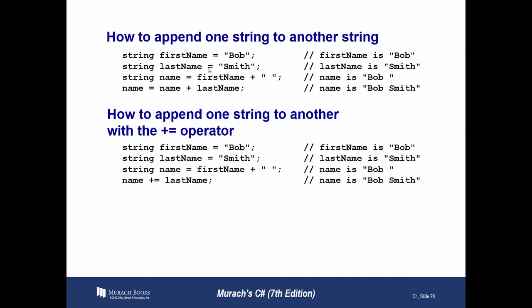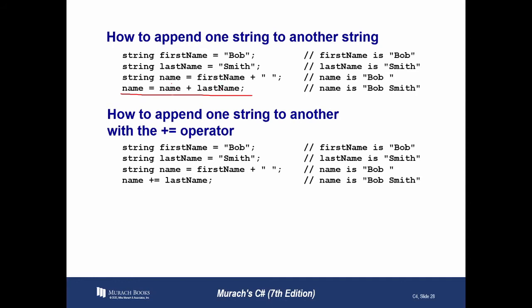We've got first name, last name, and then we have name, and what we're trying to do is combine it all into one. We eventually want to get to Bob Smith. But in this particular line, what I'm saying is append. So I've got name here and name here, and I'm saying add the last name to the end of it.